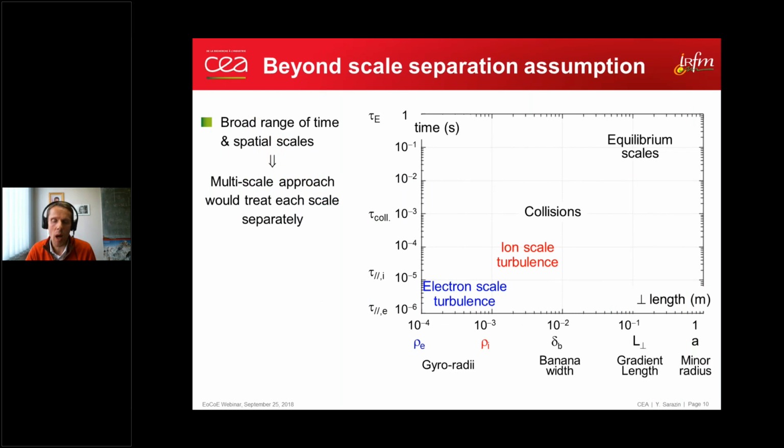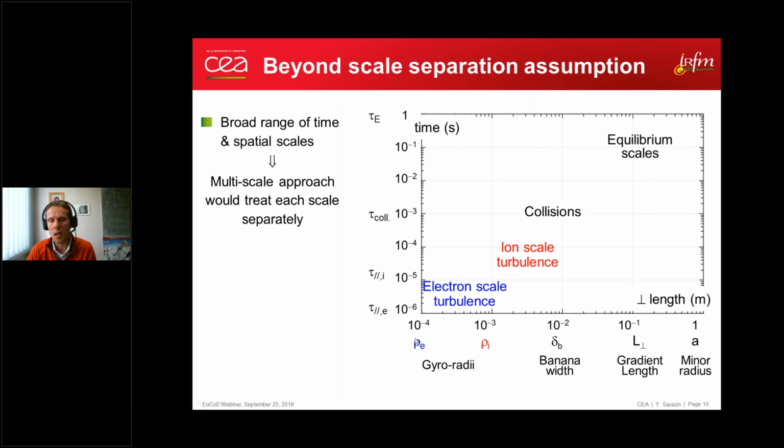So I will focus now on the core turbulent transport before, in the end, coming back to the interaction with the edge. If you want to solve the core turbulent transport, then you have to take into account a broad range of time and spatial scales, which are presented here. Time is on the vertical axis, and spatial scales on the x-axis.